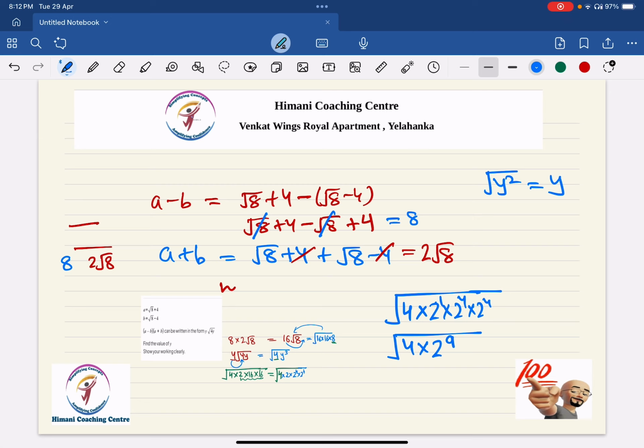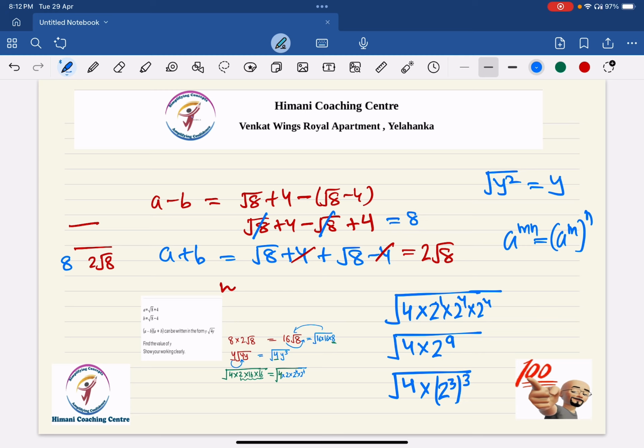Okay. I need a cube. So it can now be written as 4 into 2 cube to the power 3. Why am I doing this? Because we know this formula that a to the power mn can be written as a to the power m to the power n. Why are we doing this?